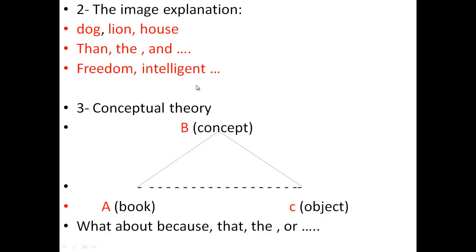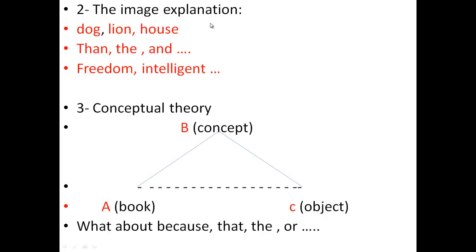Now, a third alternative, a third theory here is the conceptual theory. Here it is said that the relationship between the word and what it refers to is an indirect relationship. Look at this broken line there. This relationship is obtained through a concept, this concept that exists in our mind.